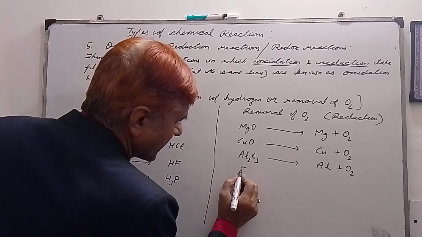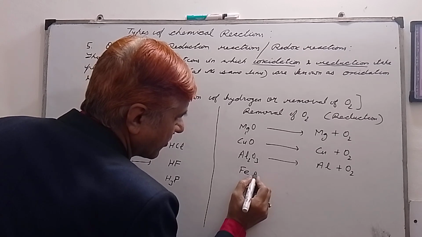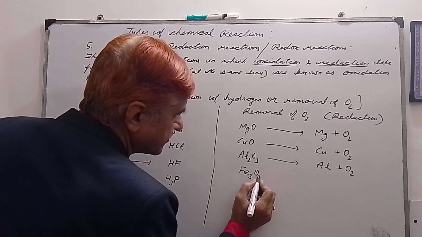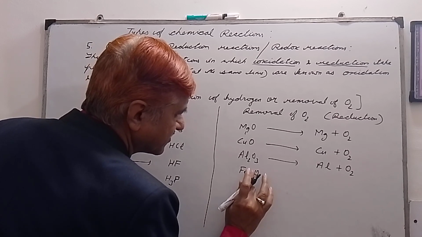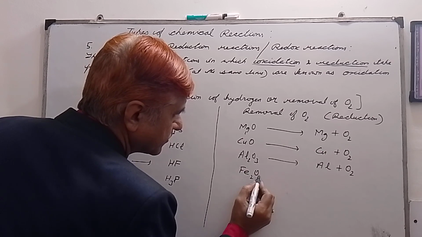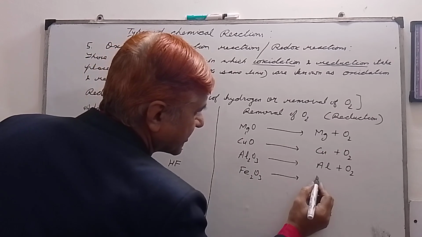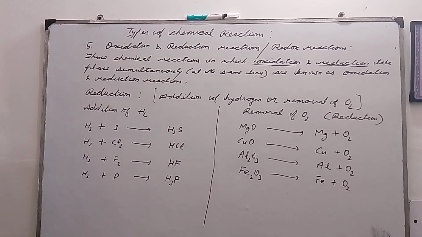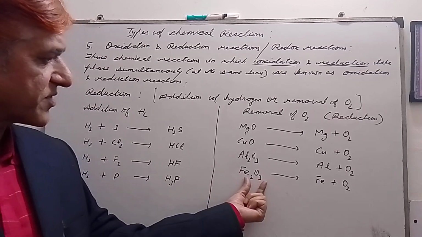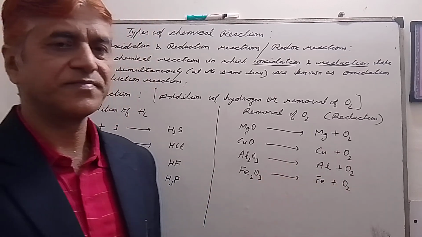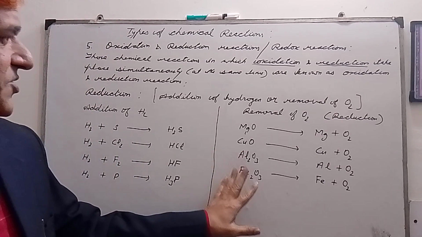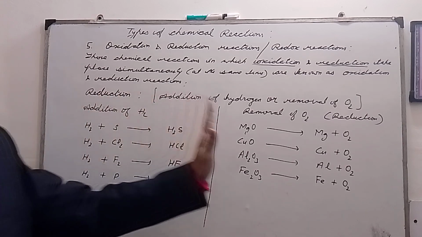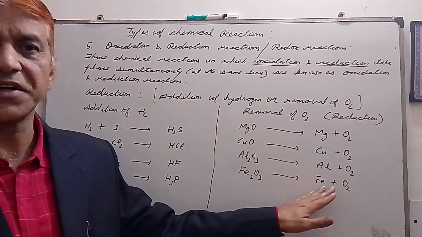Similarly, iron oxide gives iron plus oxygen. So again, removal of oxygen, so reduction. So all these reactions where there is addition of hydrogen or removal of oxygen are reduction reactions.